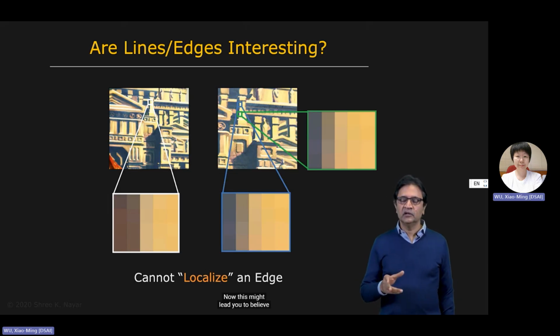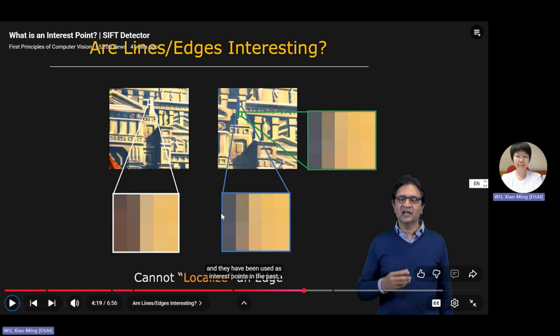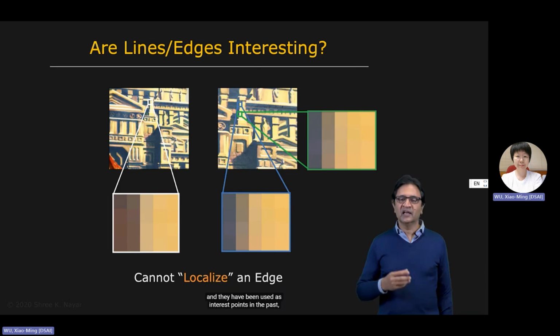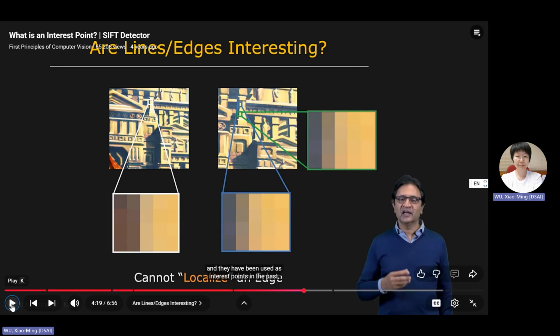Now, this might lead you to believe that perhaps corners are good. And indeed, corners are interesting interest points. Corners are more interesting than edges. What is a corner? A corner is where two edges meet, right? Two edges converge. So corners are easier to locate or identify than edges.